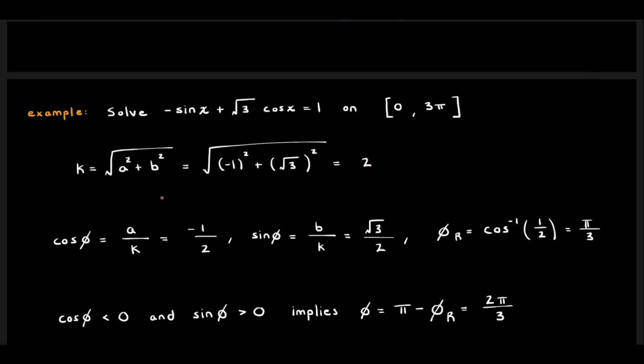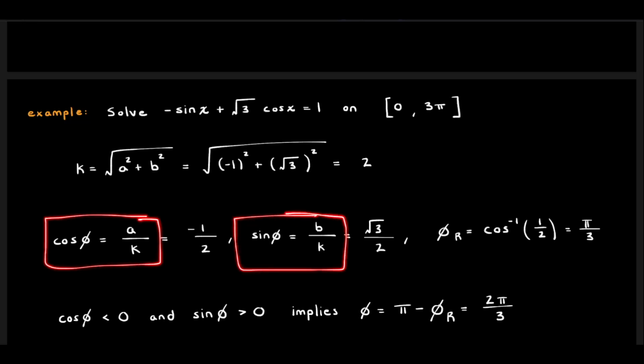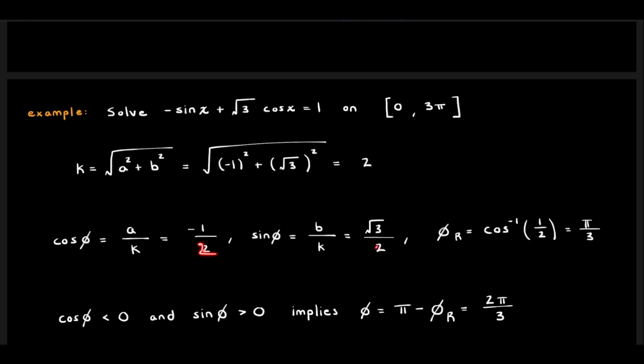Now, the angle needs to satisfy these two trigonometric equations, as we saw before. We plug in the a value, we plug in the b value, division by 2 on both sides. Okay, so now we're looking for when is cosine negative and when is sine positive. Well, that happens in the second quadrant.